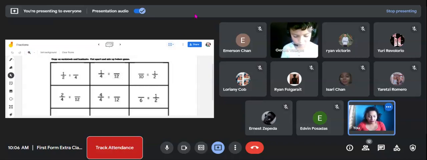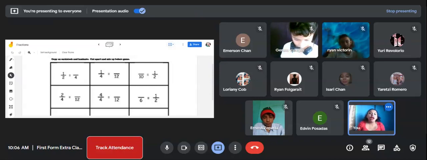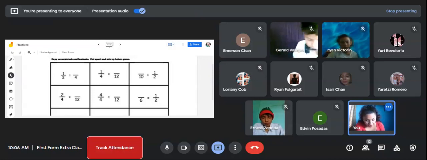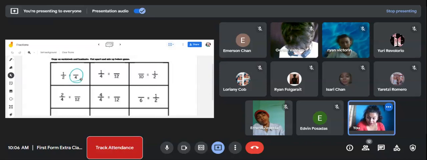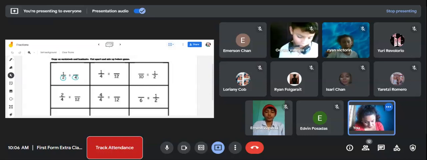So, if I give you half, and I'm telling you that an equivalent fraction to half has a denominator of 4, how am I going to find the top number? And you have to know your times table to be able to do this, right? I am going to be looking at the 2 and the 4 because those are the numbers that are given to me.